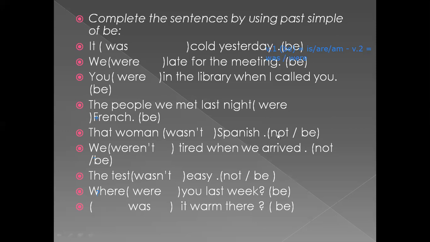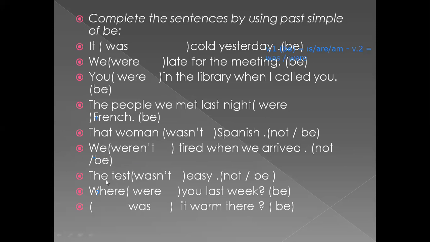So here we have not and be, so we should add not to was, and it will become wasn't. We weren't tired when we arrived, not be. So here we used weren't because of the plural subject, which is we, and we add not because of the not in the brackets.